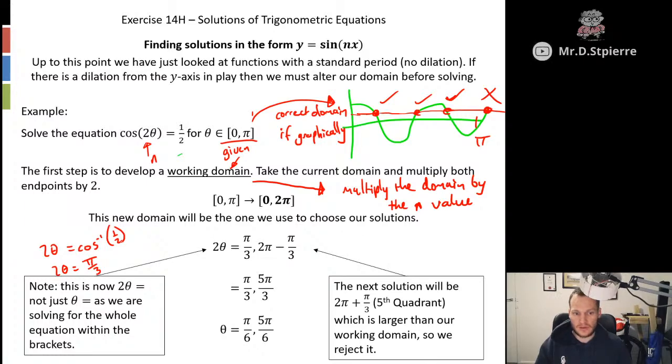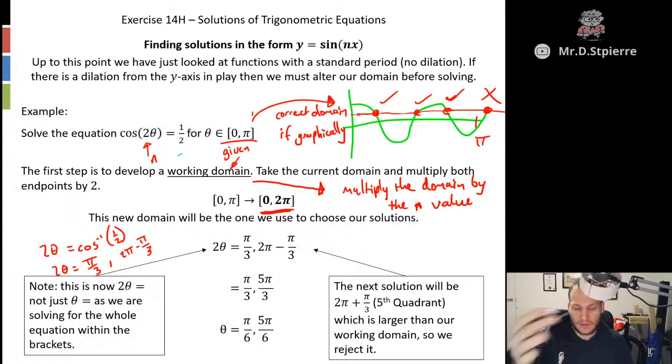What angle gives us a cos value of half? It turns out to be pi on 3, and also 2 pi minus pi on 3, in the fourth quadrant. And we can accept that pi on 3, it's in the first quadrant because our working domain is 0 to pi.